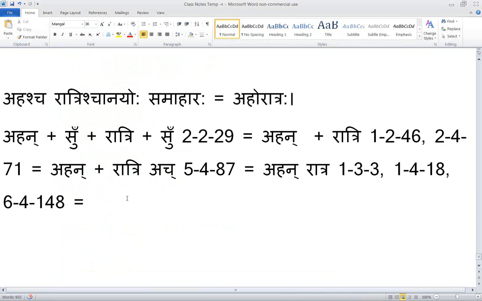Now the last thing is the Sandhikaryam. We'll come to that in a second. Before that, it became Han plus Ratra plus the Pratyaya Su we have done now.